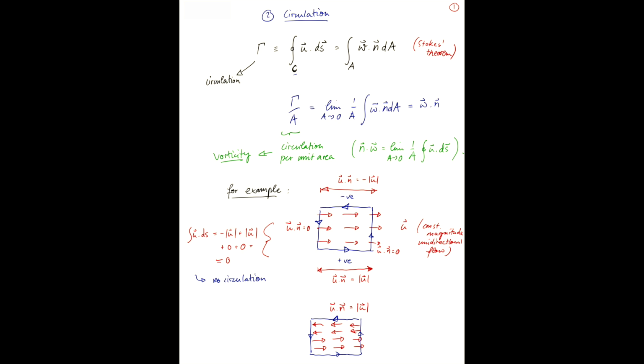And down here we have u dot n is also u. So that's for the bottom half. Whereas on the sides again, we have u dot n is 0 on both sides. So when we add this up, u dot ds, then we get u plus u plus 0 is 2 magnitudes of u. So now you have a positive gamma, positive circulation in this flow.